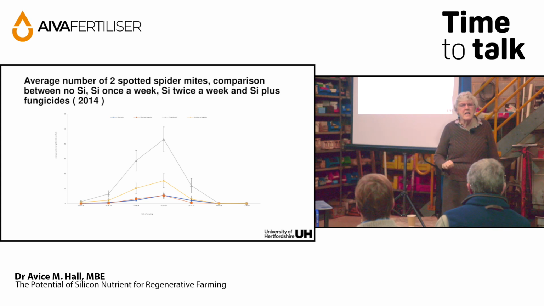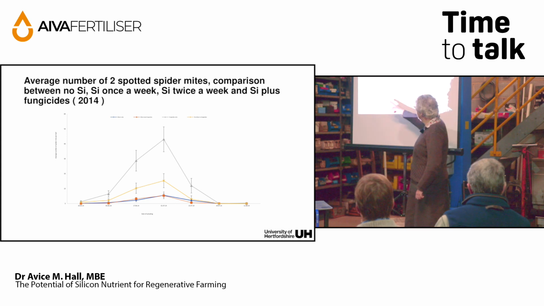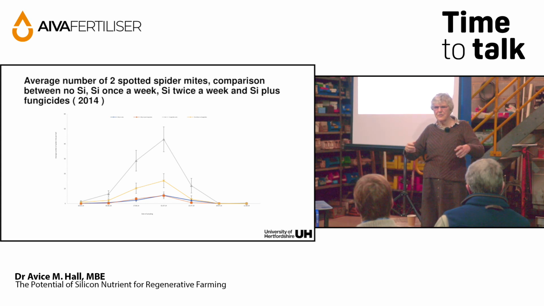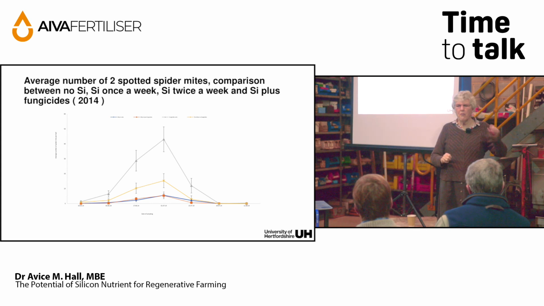What was amazing, and this goes to show how everything integrates with everything else, what was this enormous peak? What was that enormous peak about? Why all those two-spotted spider mites? Well, we sat down with our heads in wet blankets and talked about it, and we realised what was happening. They were using entirely a fungus as a biocontrol for two-spotted spider mite. Really interesting.